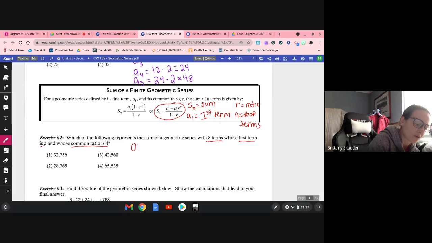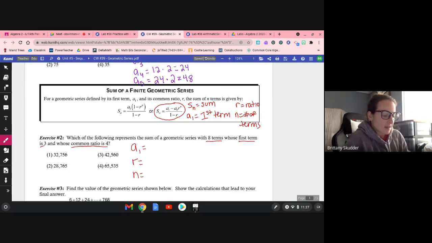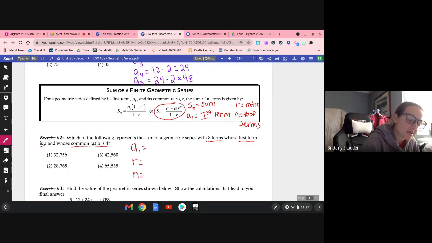I know in order to use it, I need A1, I need R, and I need N. I'm going to see what they give us. So 8 terms, that's your N. The first term is 3, so A1 is 3. And the common ratio is 4, so R is 4. Okay, start off nice and light, give you all of them.